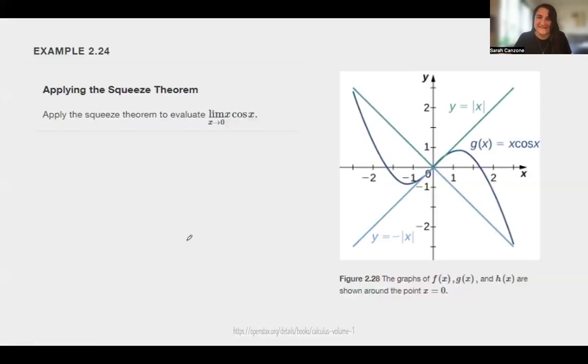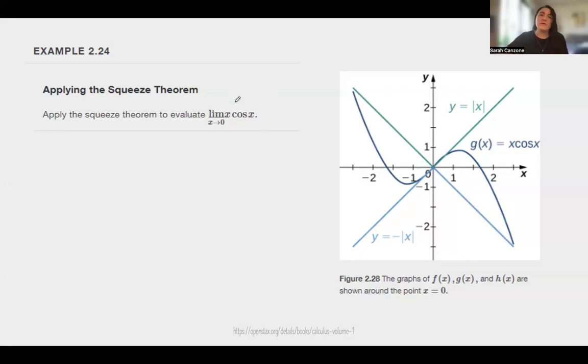Okay, now we get to the example. We're looking at some crazy looking function when we're doing the squeeze theorem typically, and this isn't going to be a function that we would normally be able to just take the limit of. This is the diagram that will go with it. We won't have the diagram given a question though, so this is just confirmation of what we're looking at. We're going to do it algebraically.